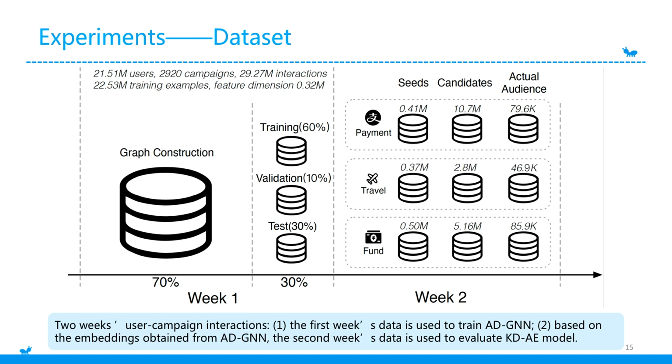For the online audience expansion task, we select 3 campaigns, namely payment service, travel, and fund service, which are conducted in the next week. The seed users, ground truth audience, and candidate users of the 3 selected campaigns are collected for evaluating these 3 audience expansion tasks.